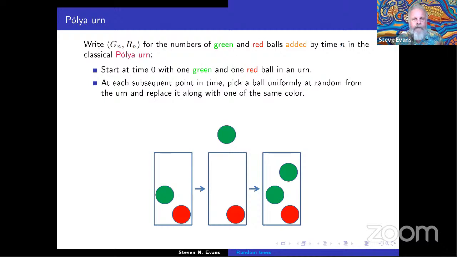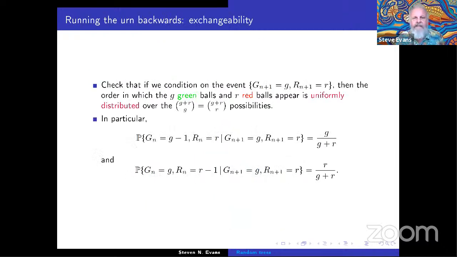One of the surprising things about the Pólya urn is that there's some hidden exchangeability going on here. It's a calculation that you have to do; it's not something that's immediately obvious.